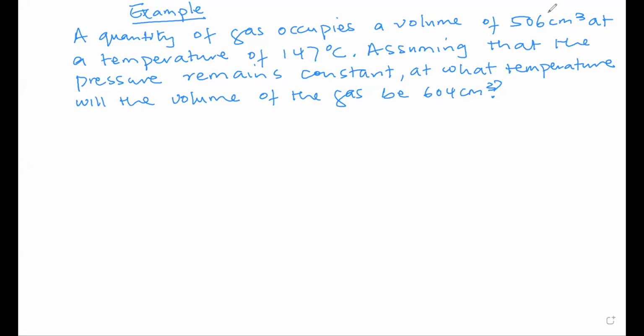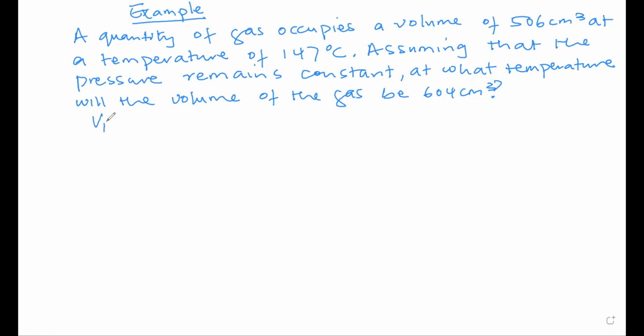The first thing you do here is analyze the question. You can see clearly that this is a relationship between volume and temperature, and it clearly tells you that the pressure is constant. So you look at what we have.